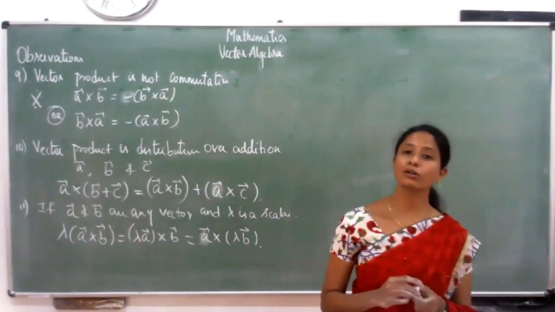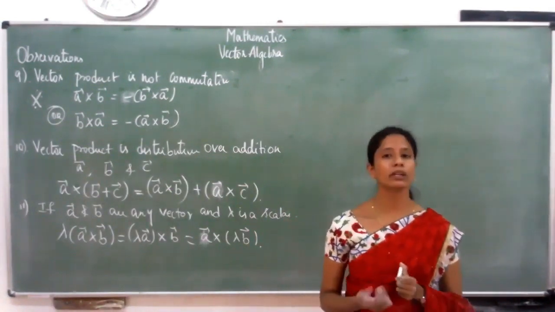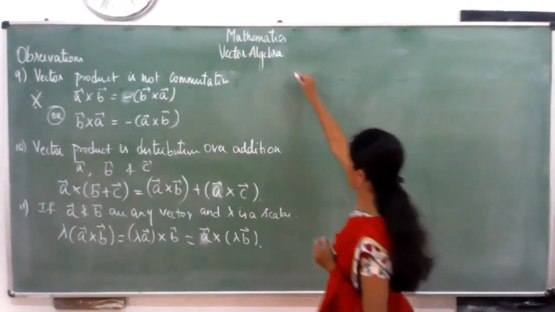Next, now how to find the cross product between two vectors when its component form is given. Let us see that.